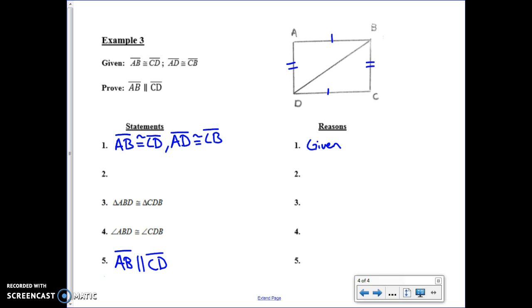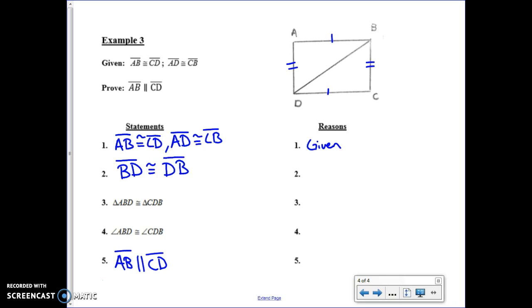I want you to notice that those triangles have been flipped around. So if I go to the top triangle and go in the order B to D, I'm going from single tick to double tick. If I go to the bottom triangle and want to do the same thing, I'm going to start at point D and go up to point B to make those match.